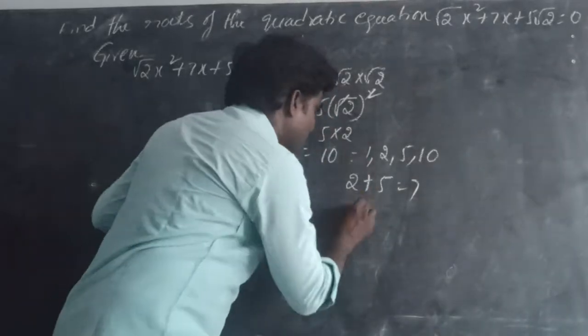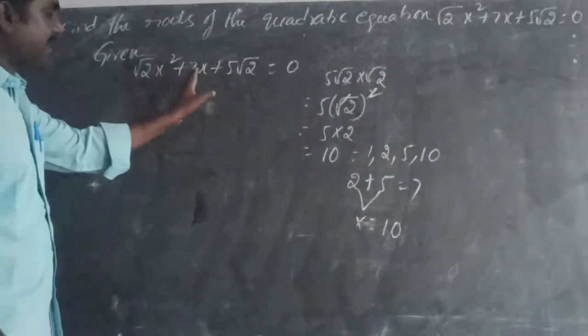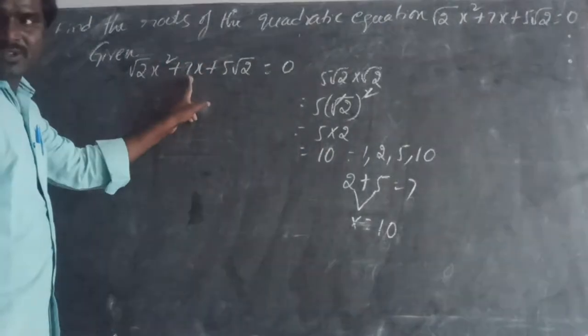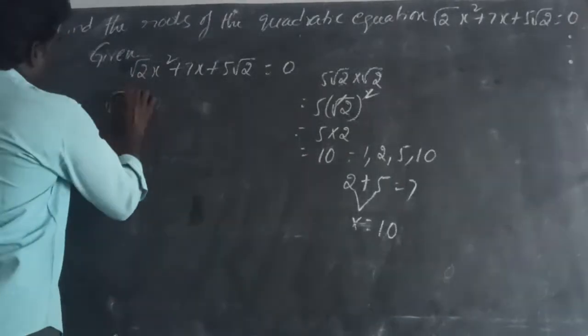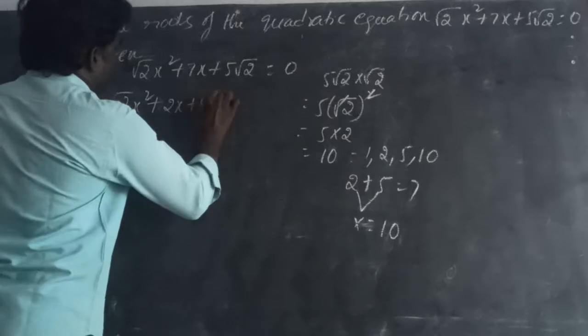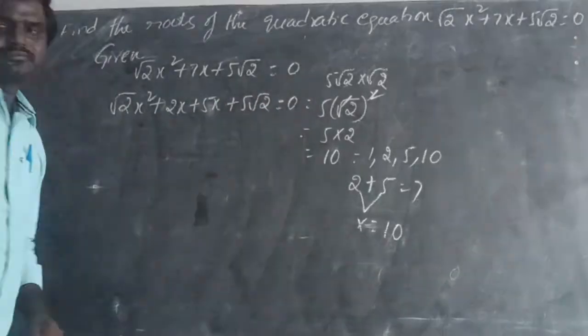So next, 2 into 5 is 10. In the place of 7 we can write 2 plus 5. So here root 2 x square plus 2x plus 5x plus 5 root 2 is equal to 0.